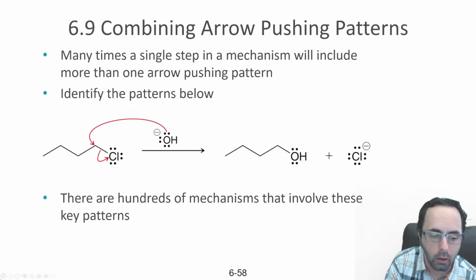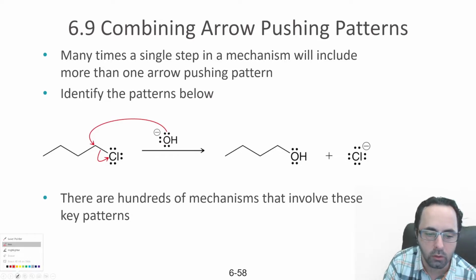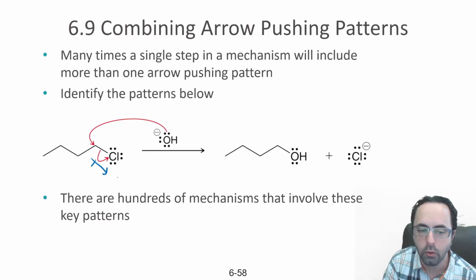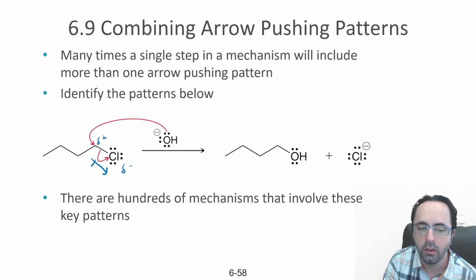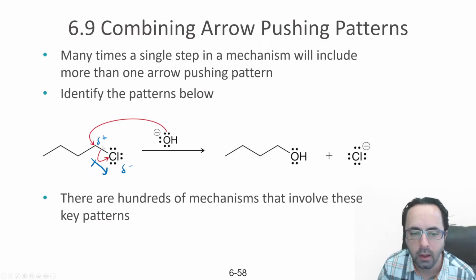We know this carbon is partially positively charged because the chlorine has a very high electronegativity. It pulls electrons its way, so it's partially negative over here, and it's partially positive over here. So this partially positive part is the electrophilic site. We can tell this is a nucleophile because it's negative, the base.